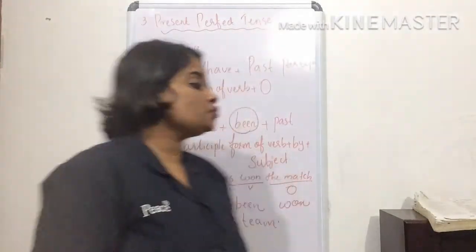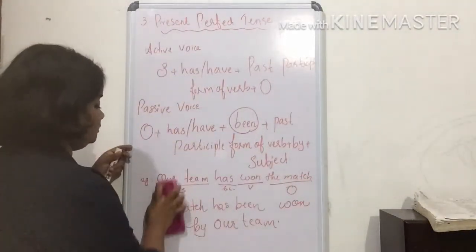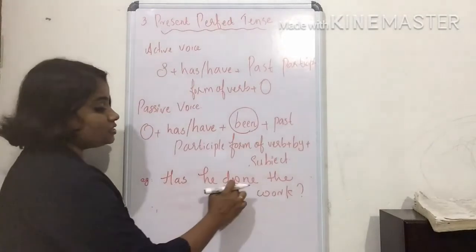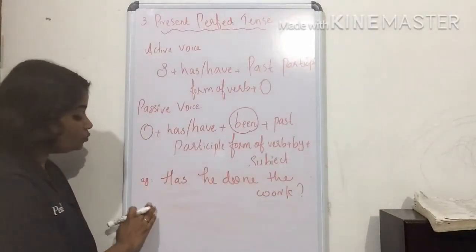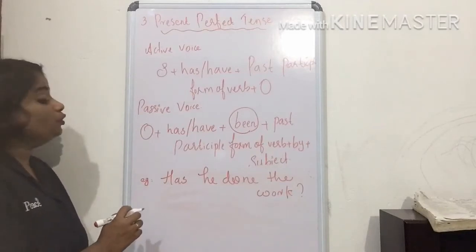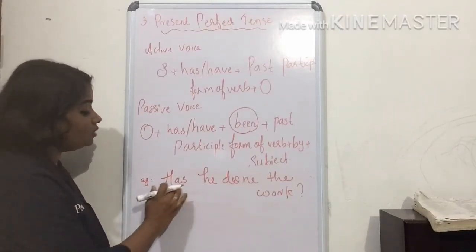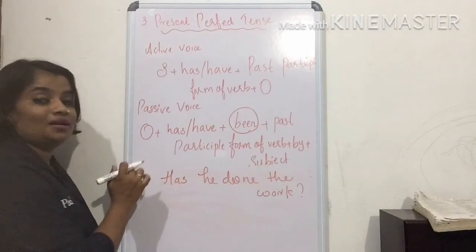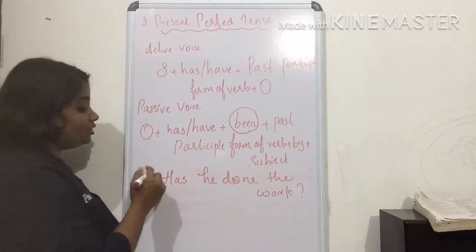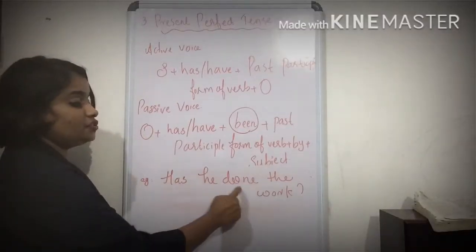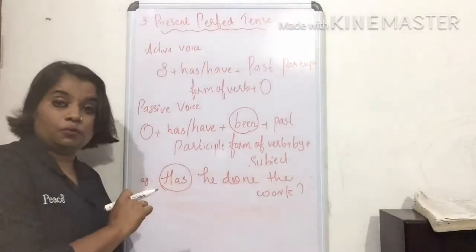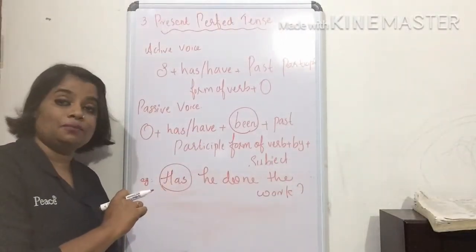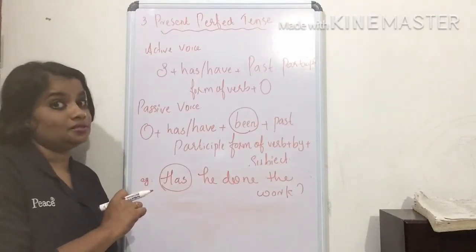Okay, the next one is in the case of the question. Has he done the work? Okay, in this manner, you don't change the helping verb or the questioning word. Has he done the work? In the case of questions, we are using helping verbs for asking questions.